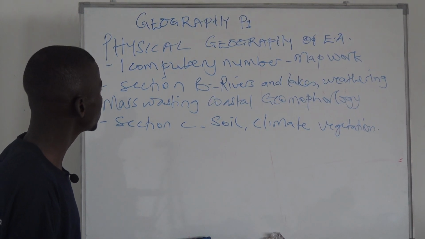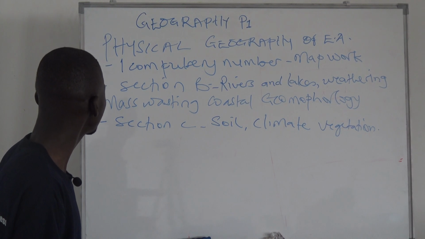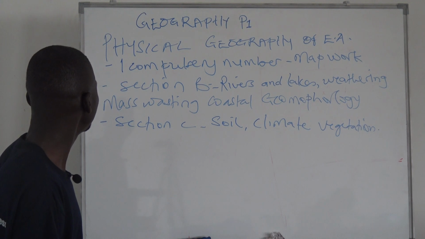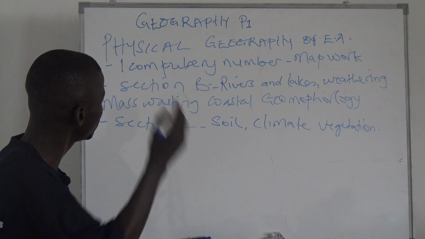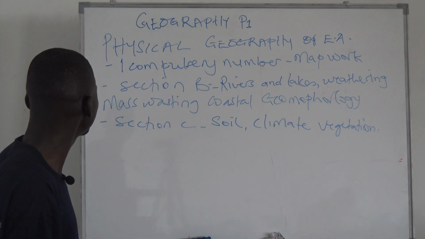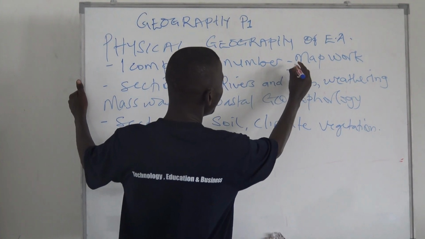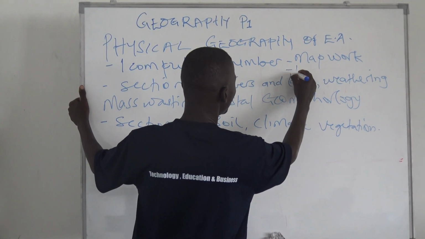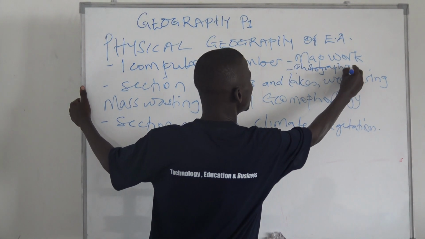Section A is compulsory, takes 25 marks. Then section B, lakes, weathering, mass wasting, coastal geomorphology, and etc. Actually, still on the other compulsory number is photographic interpretation.